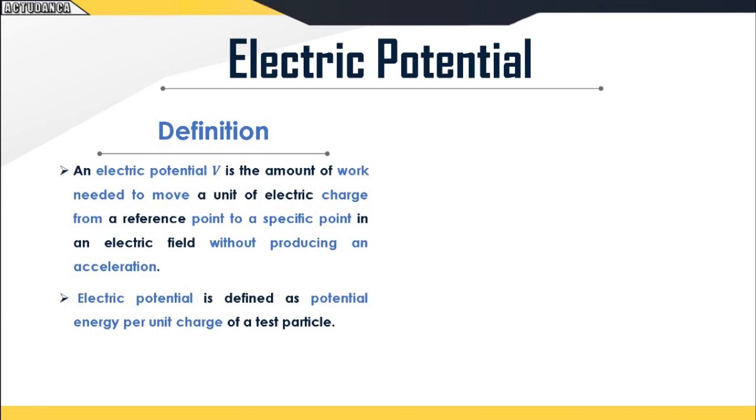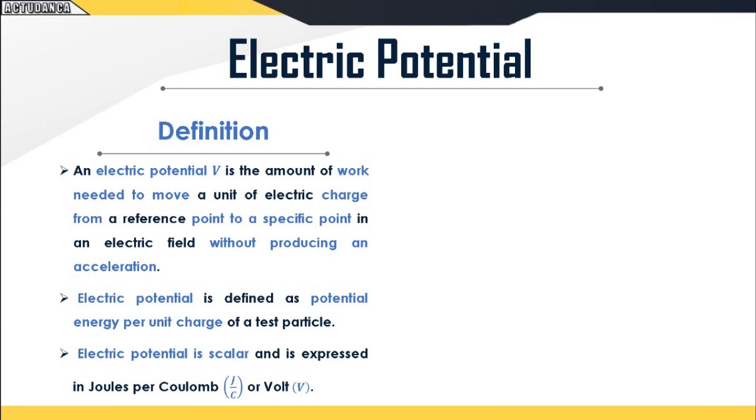Electric potential is defined as the potential energy per unit charge of a test particle. More precisely, it is the energy per unit charge for a small test charge that does not disturb significantly the field and the charge distribution.